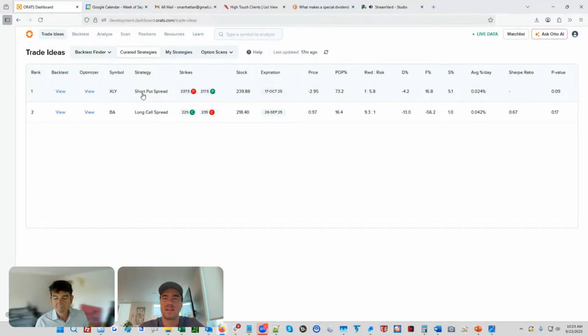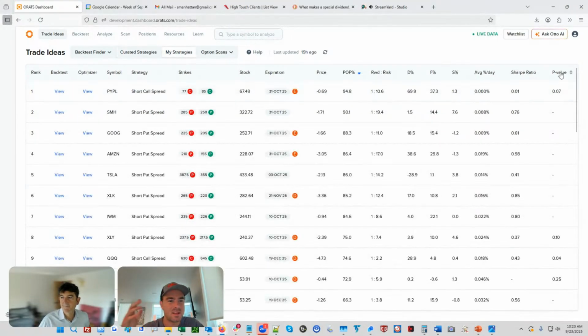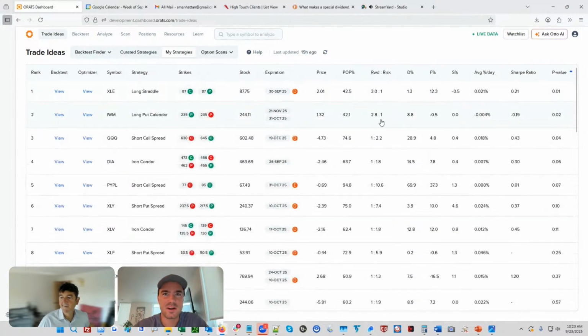Yeah, I mean, this is like the cutting edge of options research. The stuff we've done with path dependency in the backtest finder, like overlapping the trades, and then migrating that to the optimizer and the p-value tests. This trade ideas tab is the culmination of where it just spits out a trade after scanning for it.